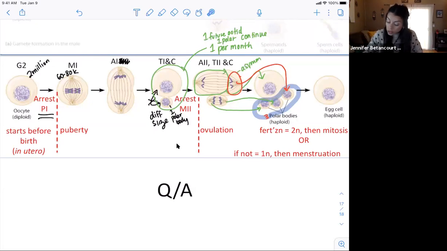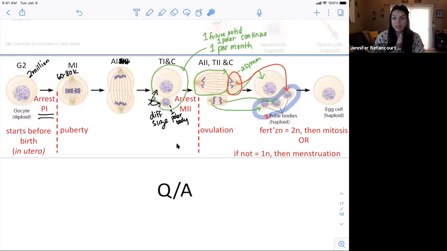And that's menstruation. So either this gets fertilized to become a 2N embryo, and that 2N embryo then undergoes mitosis to form a baby, or this does not get fertilized, it remains 1N, the uterine lining sheds. And that's it.